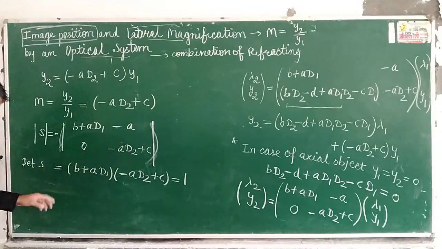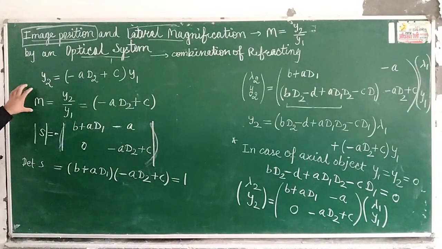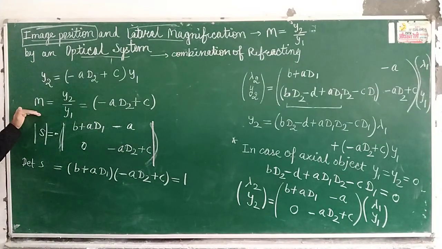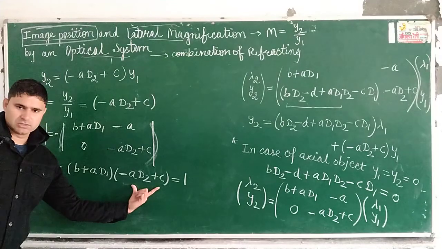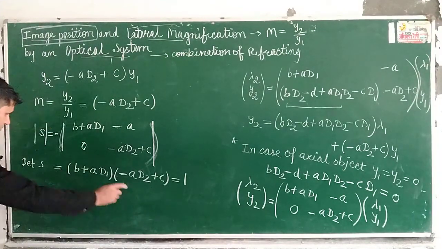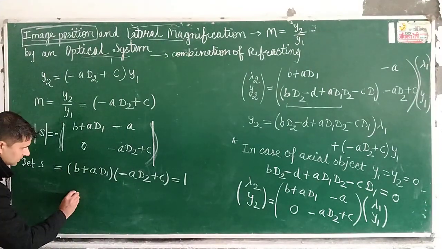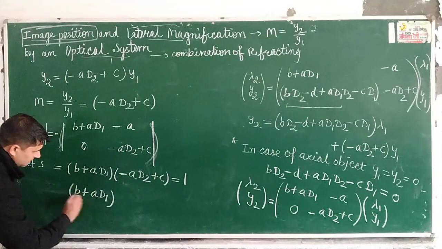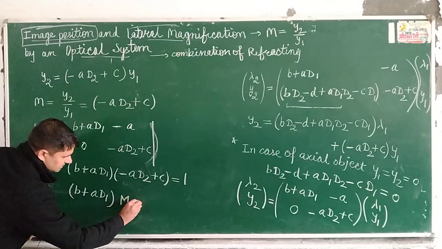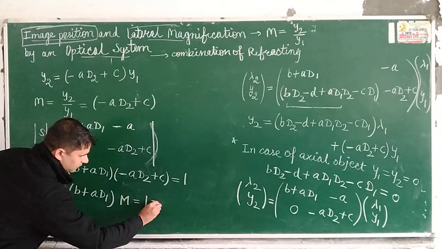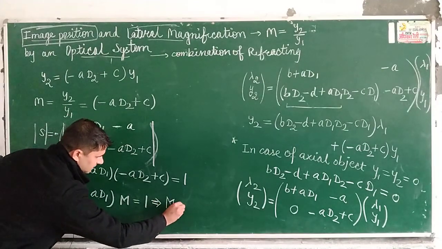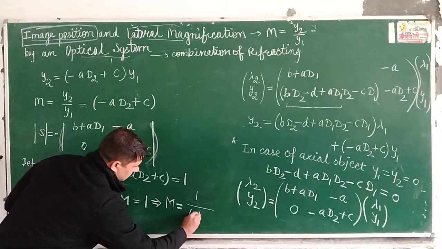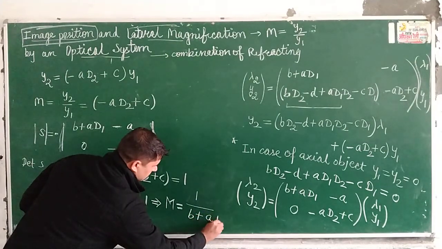Okay, so from here, if we see in this relation, this factor is equal to the magnification. So if we substitute the value of magnification, then I can write b plus a d1 into magnification is equal to unity, and from here we can conclude that magnification is the inverse of b plus a d1.